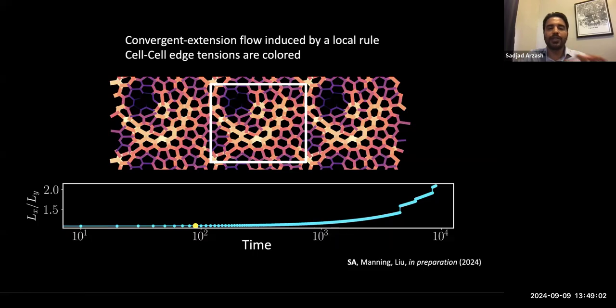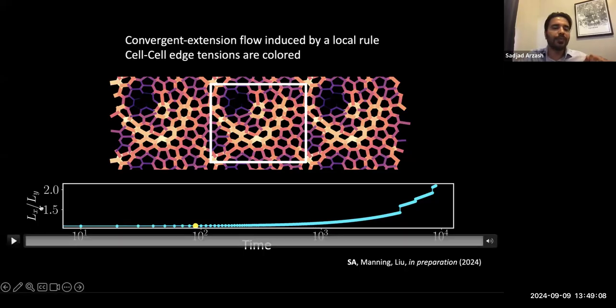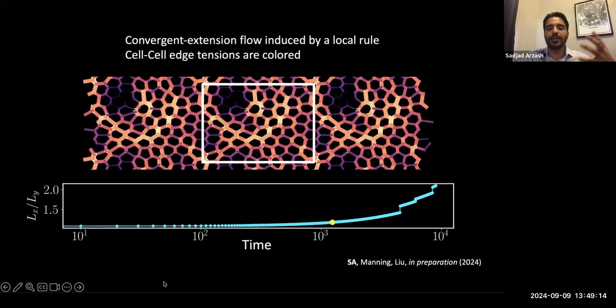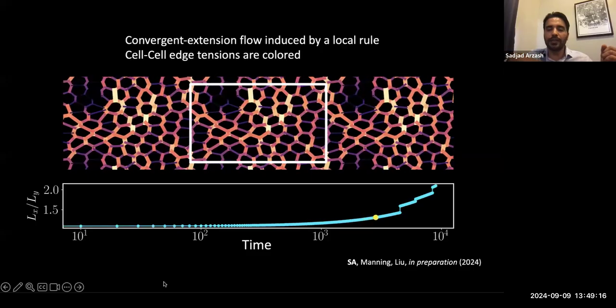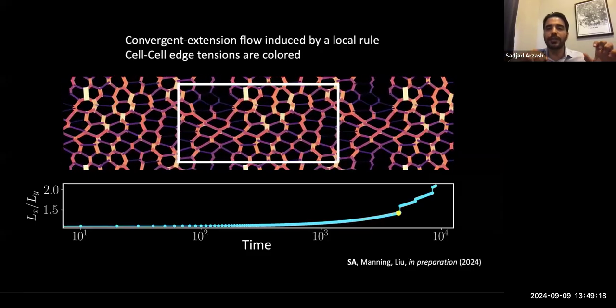Here I'm plotting edge tensions. Brighter color means larger edge tension. And here I'm plotting the aspect ratio of the simulation box, LX or LY, as I'm locally tuning those edge tensions.